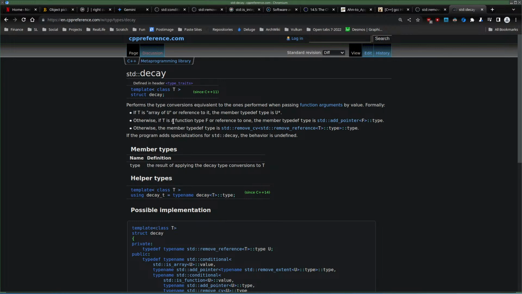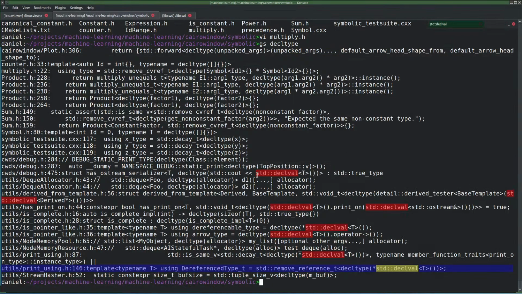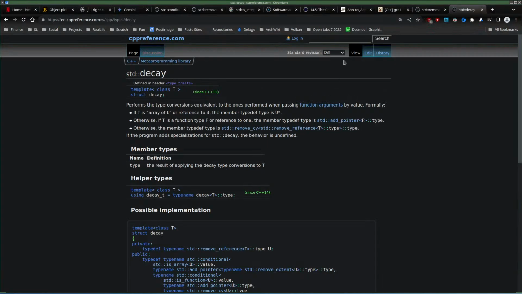Otherwise, if T is a function of type F or reference, the member type is std add pointer F type. Yeah, I don't think I need a decay here. I'll just use the other one. And we still need to have a look at this one.